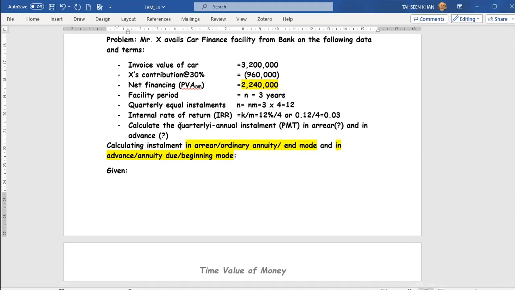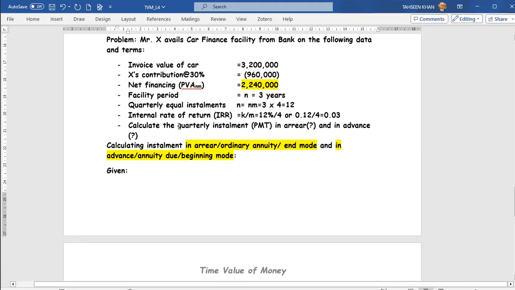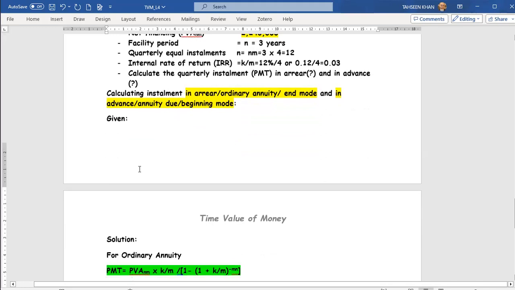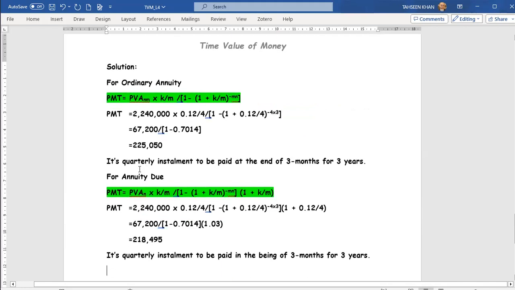Now we are going to calculate the quarterly installment in arrear and in advance. First of all, we are going to calculate the value in arrear, that is the ordinary annuity. So we have the formula.